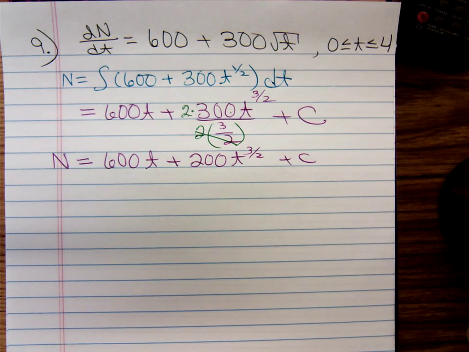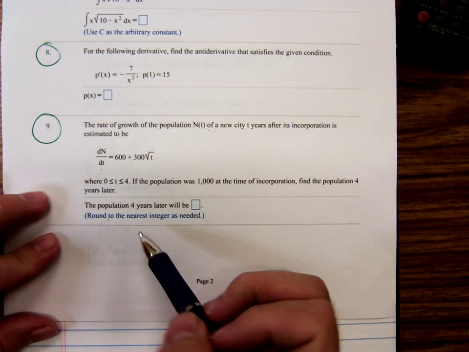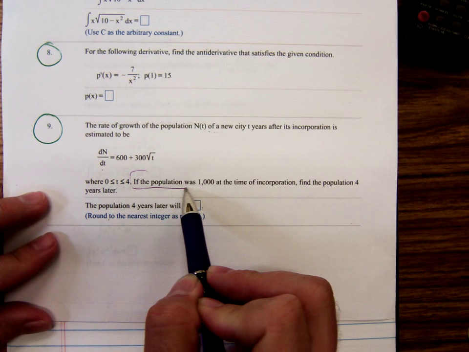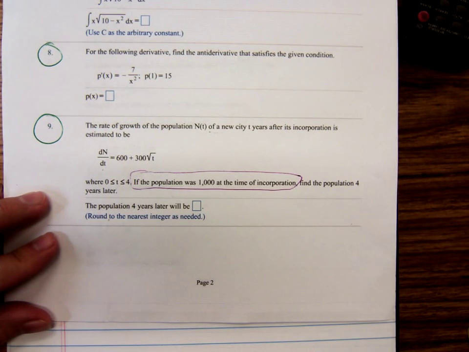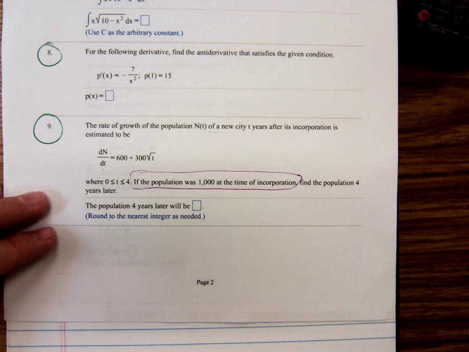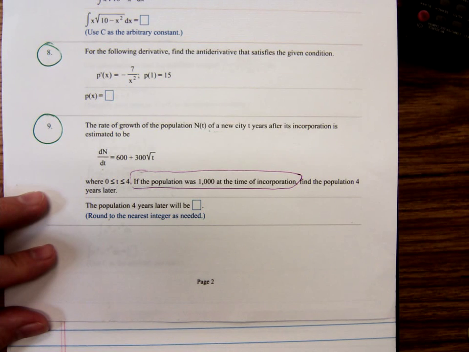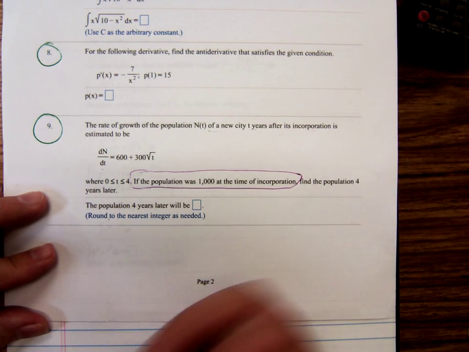Let's look back at the problem. I think they've given us a piece of information, a specific instance. If the population was 1,000 at the time of the city's incorporation, so the population was 1,000 at the time the city was created, and t is the number of years after its incorporation, what is that sentence they're saying?